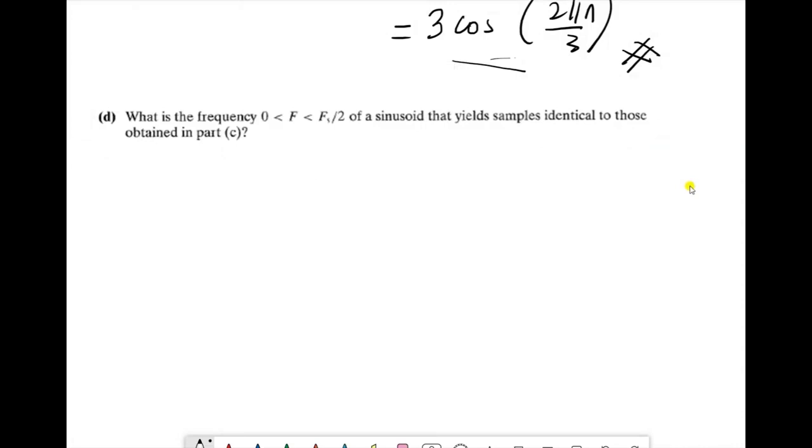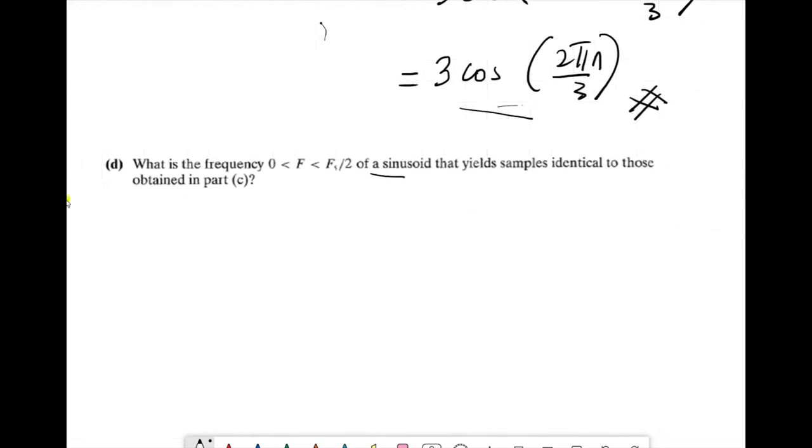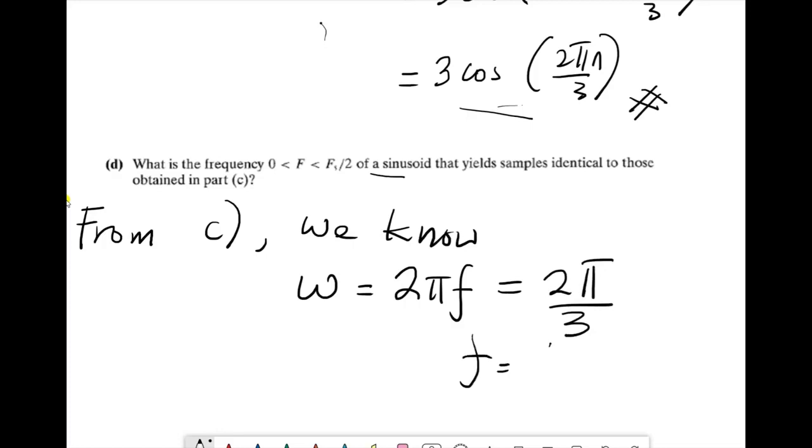Meaning that the question asks for an analog signal that can give you the identical discrete time signal that we have obtained in part C. Okay, so from the previous question, from C we know omega equals 2 pi f equals 2 pi over 3. Okay, so f equals 1 over 3.